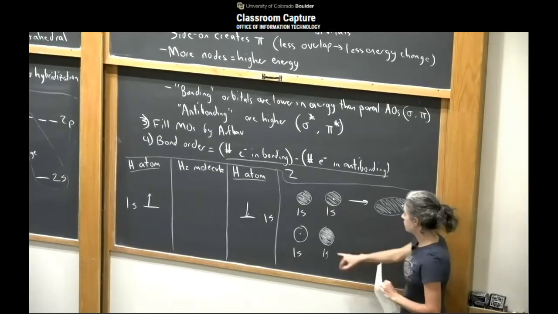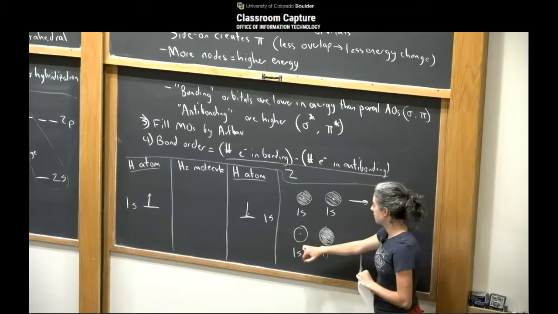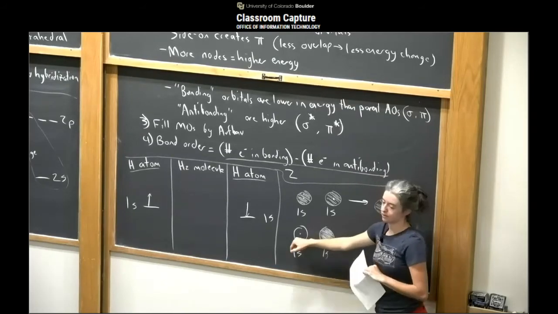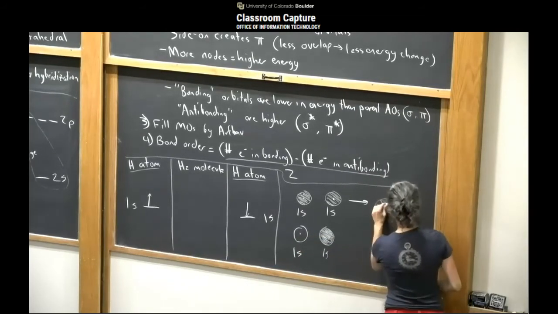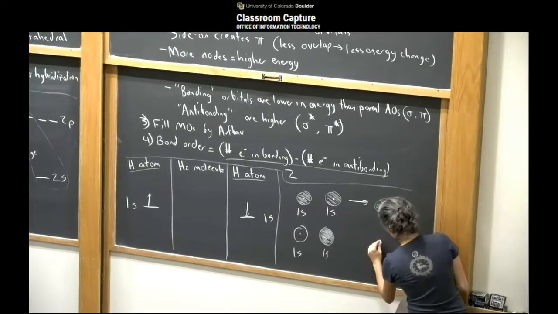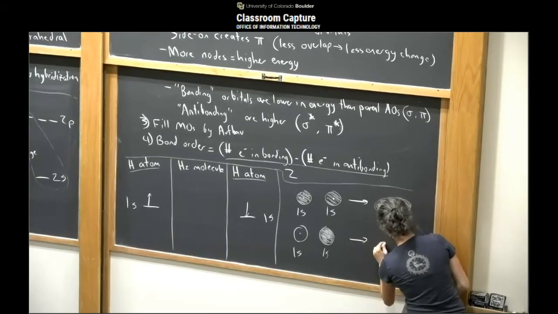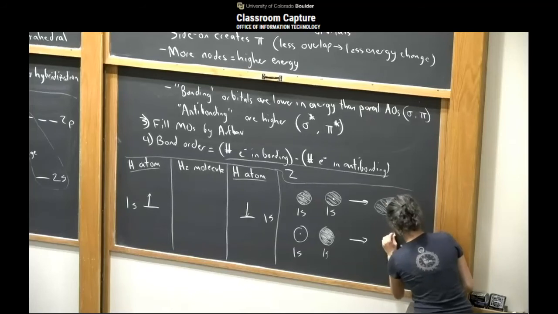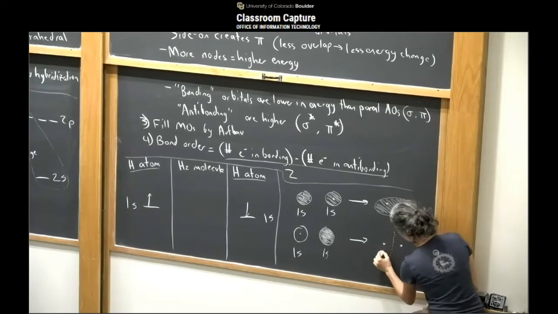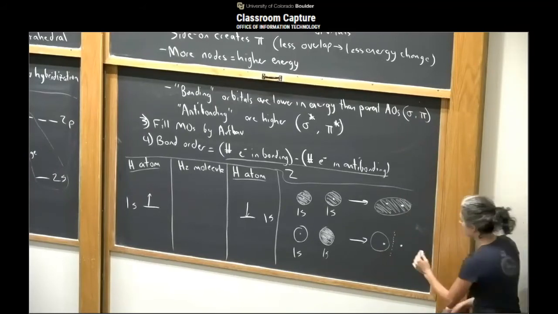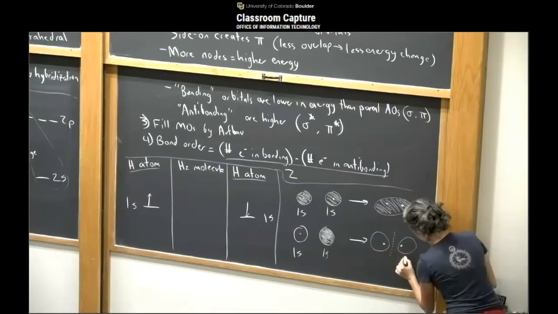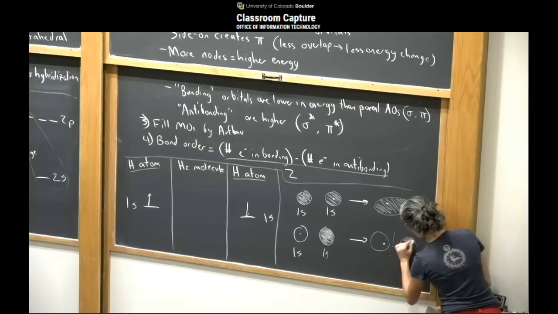Okay, so I do a mismatched color overlap, which gives me destructive interference. And the way that looks is they cancel each other out in the middle. And so you get a new node cutting down between them. And then the sphere gets distorted to the outside of the nuclei pair. So like that.